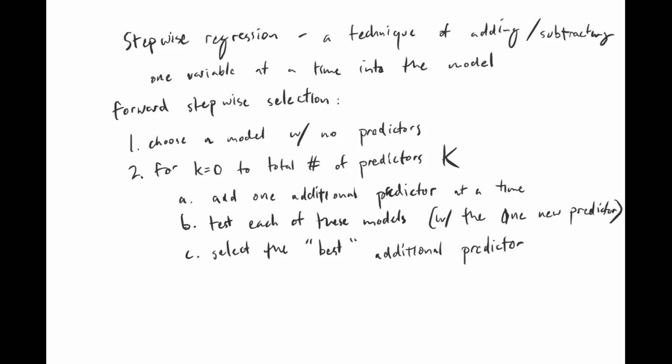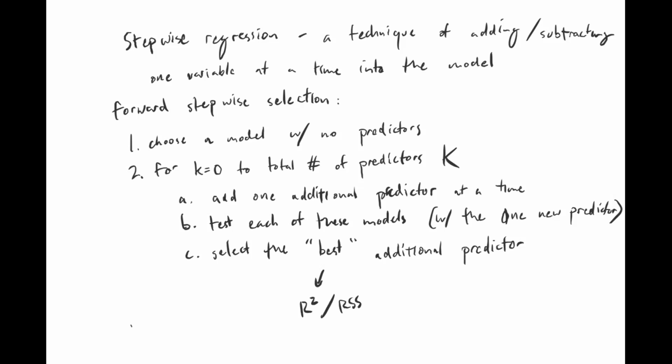And when we say best, we have to use one of the criteria. Within the steps, because you're using the same number of predictors, you could just use the R squared or the RSS.